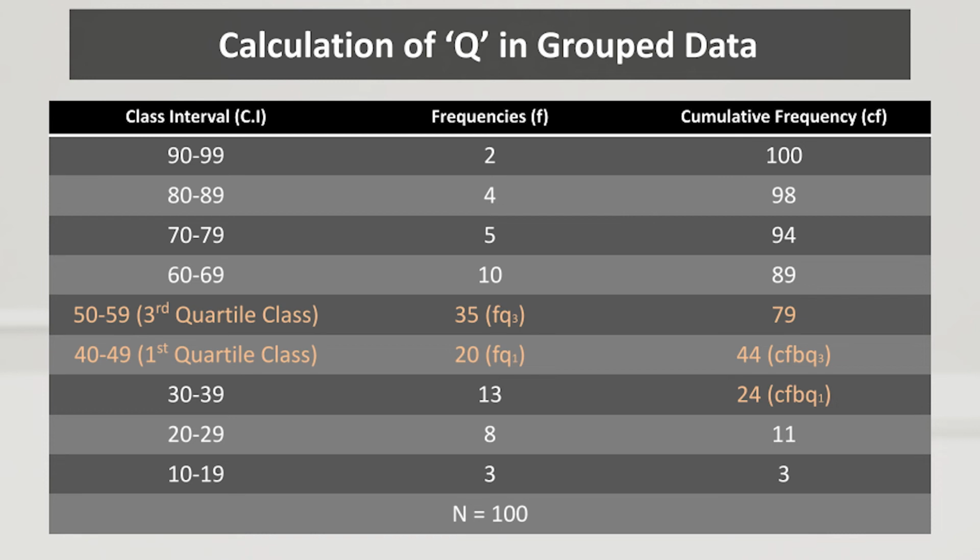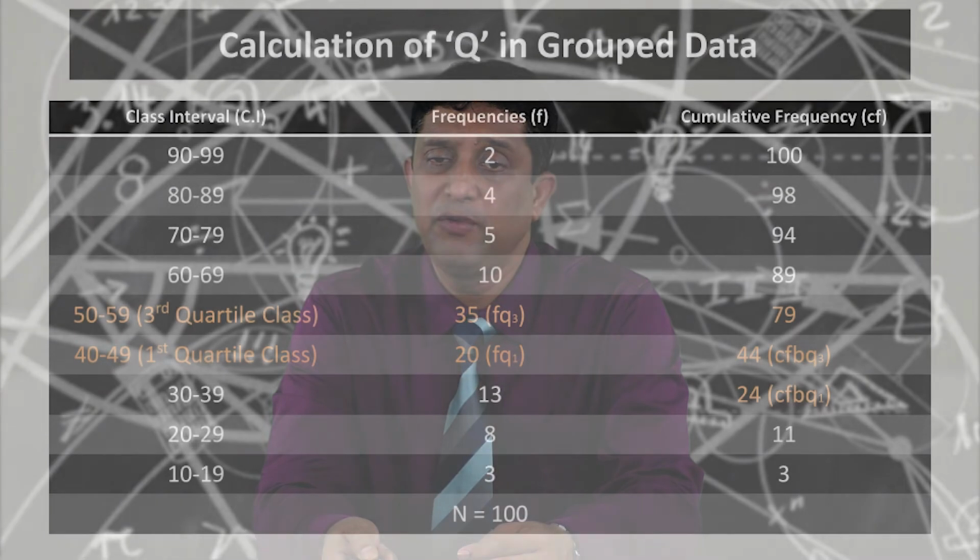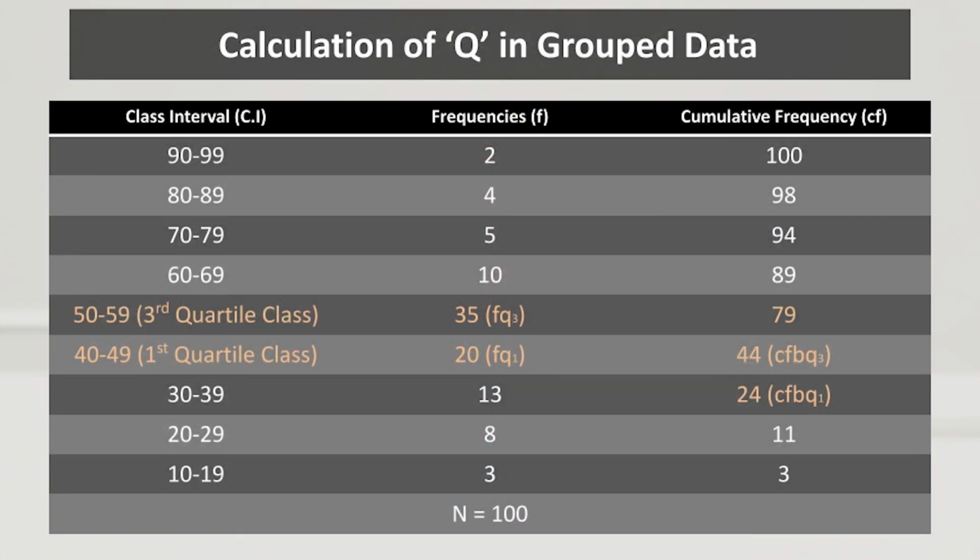So you can say that this is the third quartile class. The cumulative frequency below the third quartile class is 44, below 79. The frequency of the third quartile class is 35. The frequency of the first quartile class is 20.